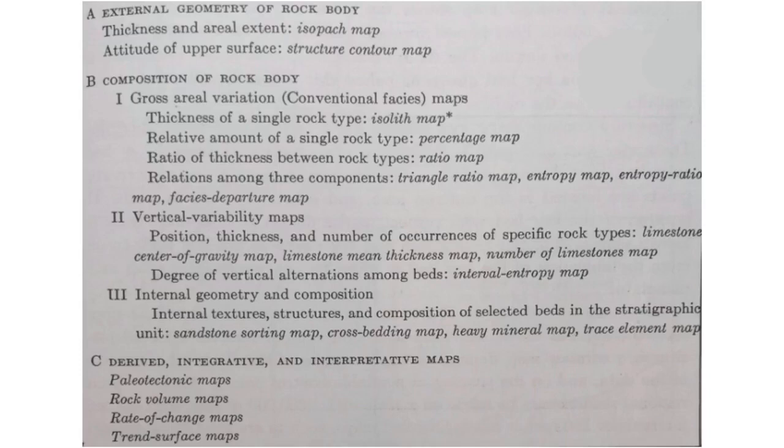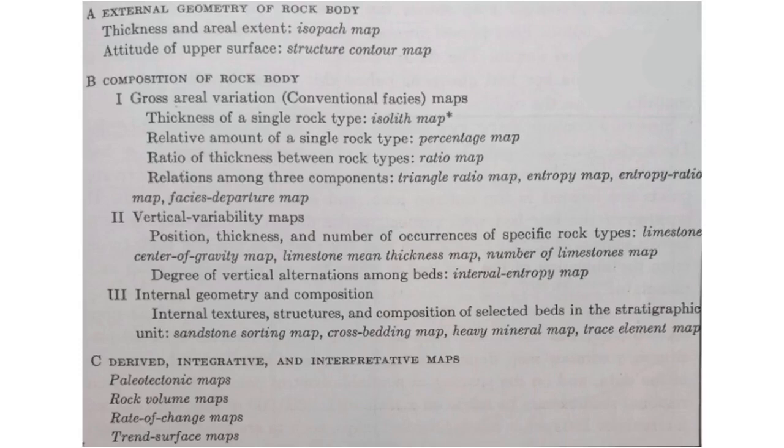You can draw a map for well sorted sandstone, badly sorted sandstone, mixed sorting sandstone, and so on. I mean, at the top there is well sorted sandstone, in the middle badly sorted sandstone, and in the lower part well sorted sandstone. This is called vertical variability maps, on the basis of position, thickness, and occurrence of specific characters of the rock.